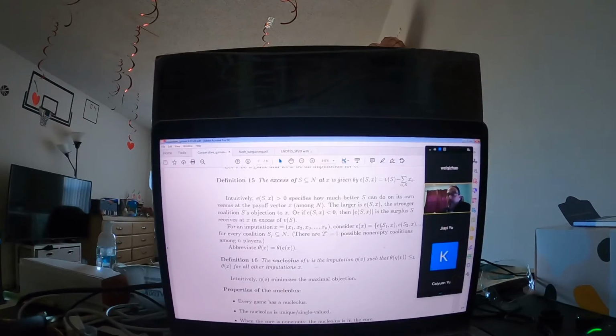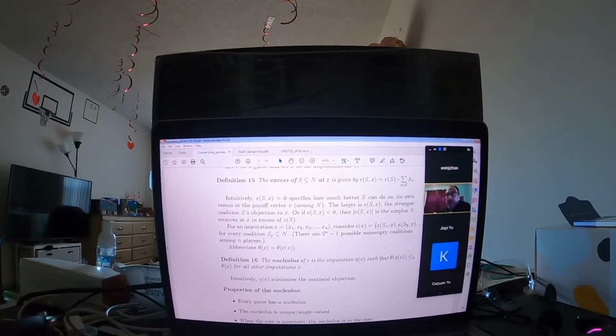It's going to try to minimize the maximal objection to X. Let's try that one more time. The nucleolus will try to minimize the maximal objection to X. It will pick the X that minimizes the maximal objection.